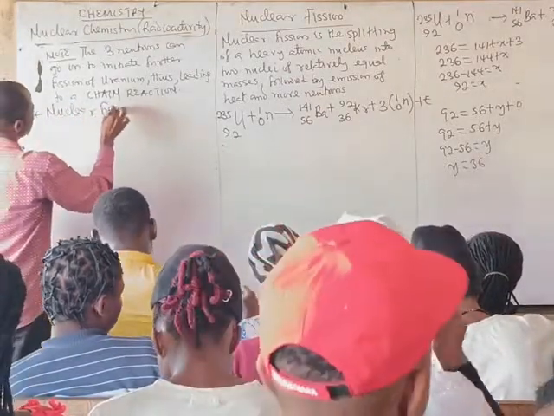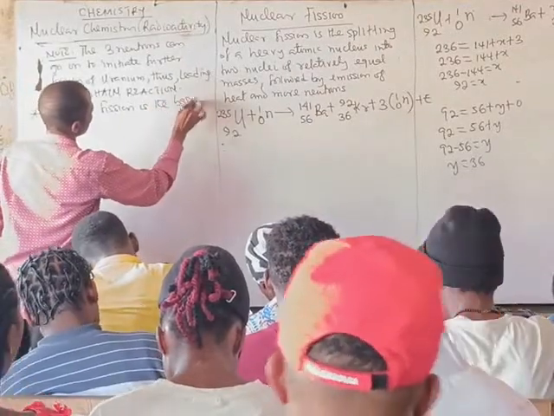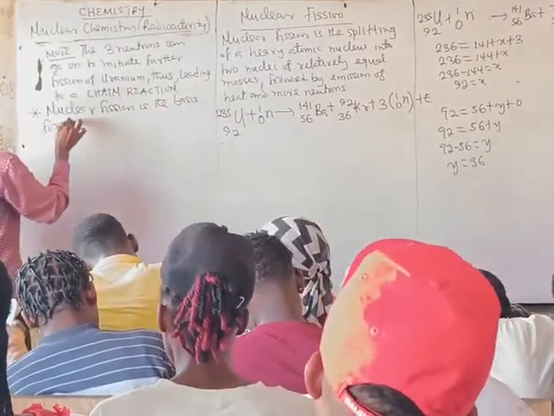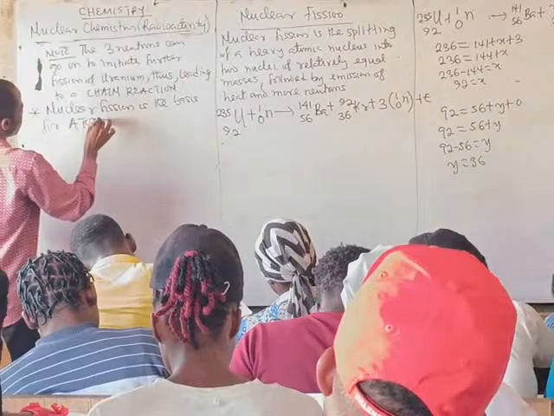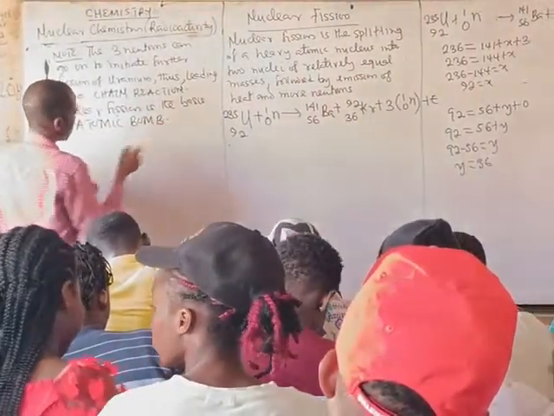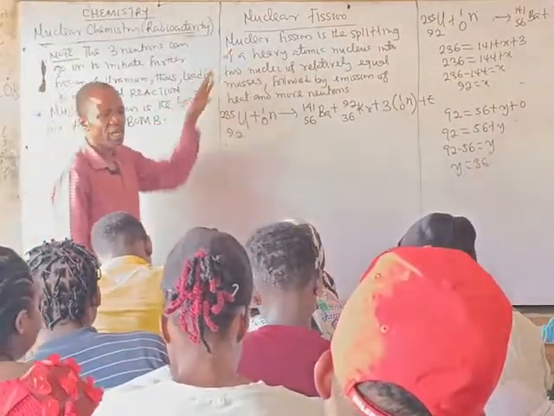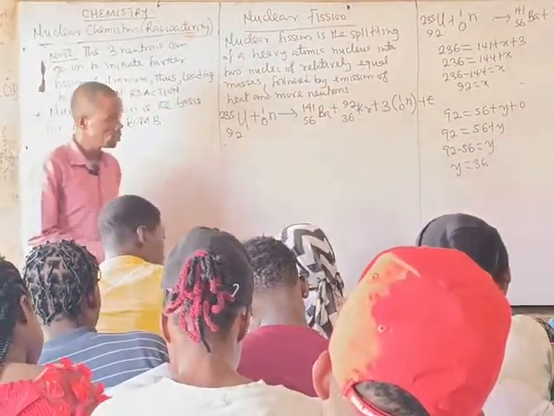Nuclear fission is the basis for atomic bomb. We all know what atomic bomb is. So atomic bomb is based on nuclear fission. So let's take note of this.